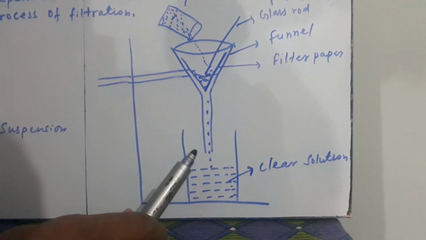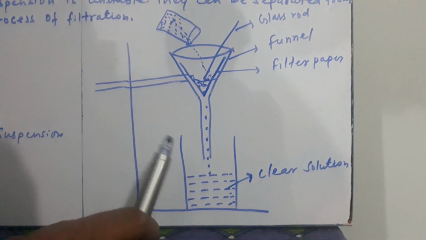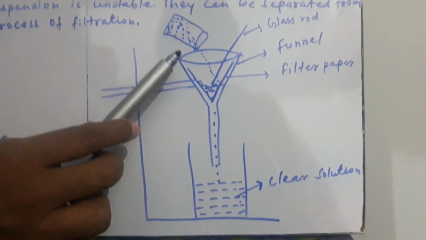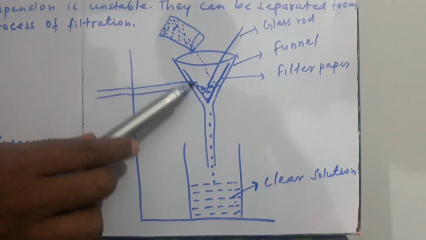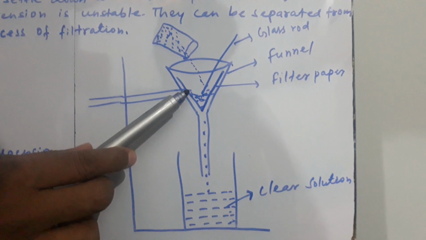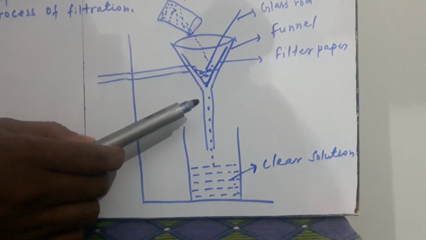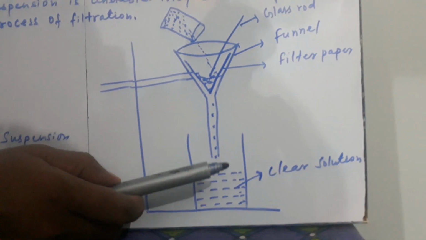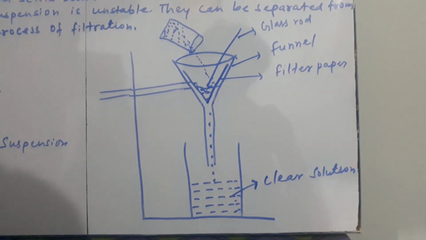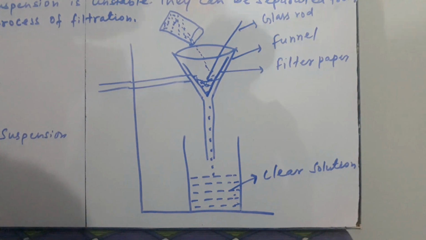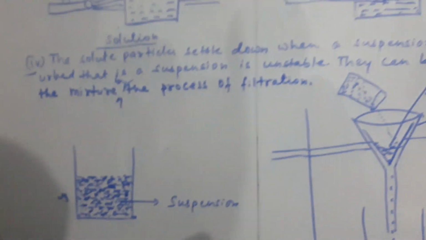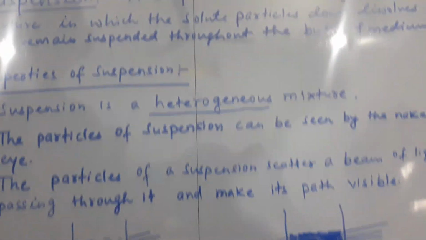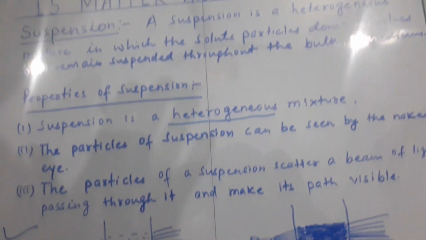So this experiment shows that the suspended particles are filtered through the process of filtration, and we can separate the solute from the solvent. But this process is not valid for the solution. So suspension is quite different from solution.